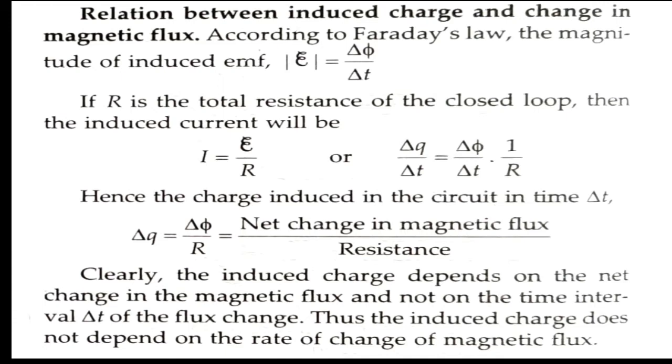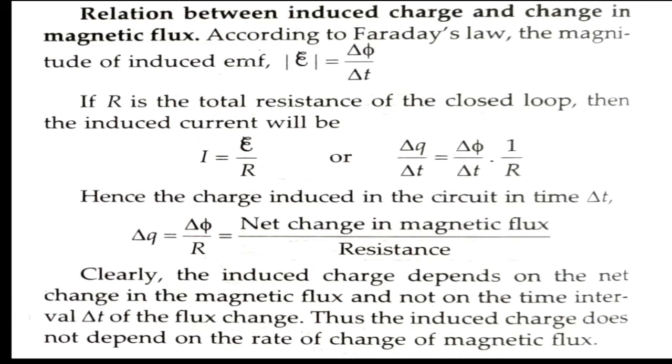We know from Faraday's law the magnitude of induced EMF is given by delta phi by delta t. And from the usual process we know the current induced will be I is equal to epsilon by R, or I is the same as delta Q by delta T, that means the rate of flow of charge.